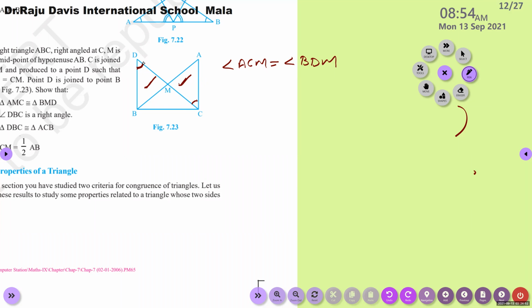By CPCT, because we have already proved AMC and BDM are congruent triangles. So by CPCT, then I can say. Now, Michelle, your argument is correct. If these two angles are equal and they are the alternate interior angles, we can write DB parallel to AC.